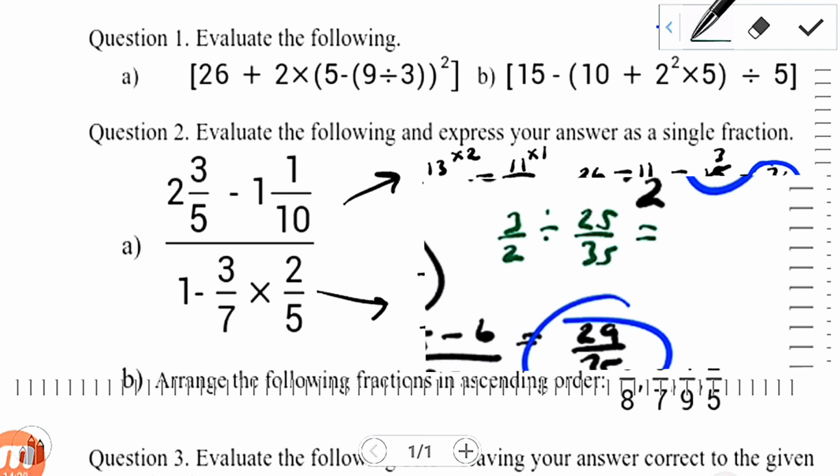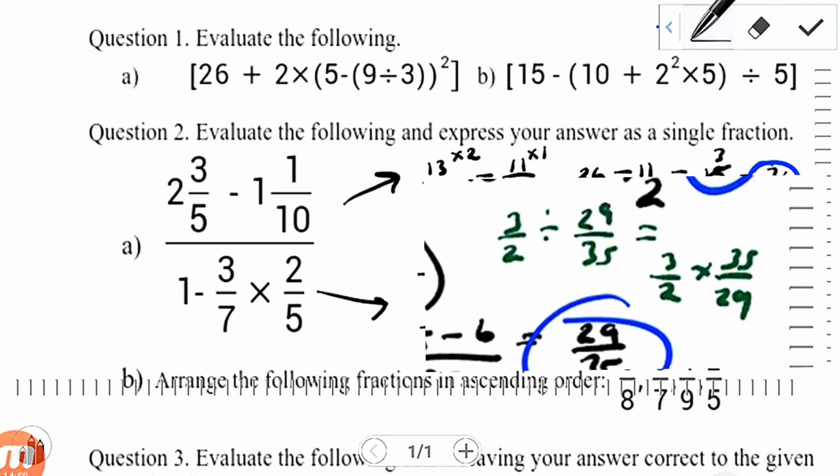We simply reciprocate the last fraction and change the sign to multiplication. So then we would end up with 3 over 2 multiplied by 35 over 29. I think I made a mistake here by writing 25. This should have been 29.